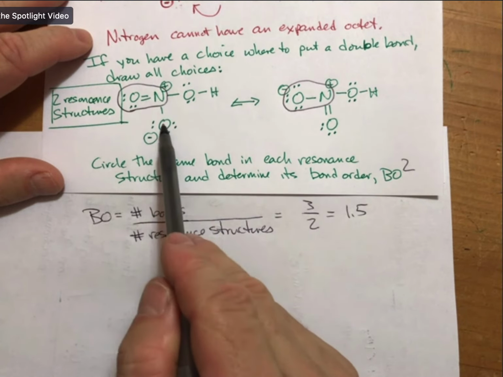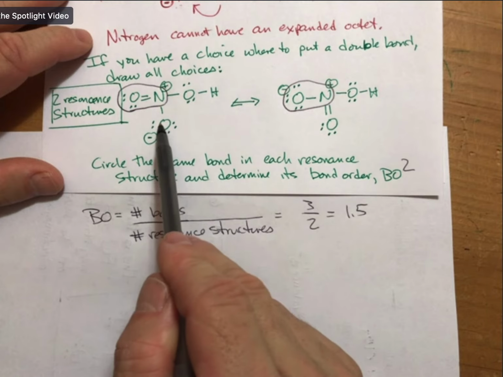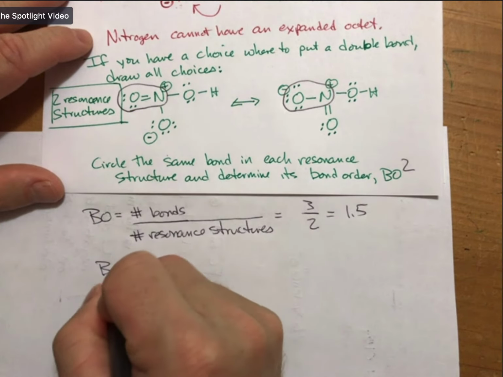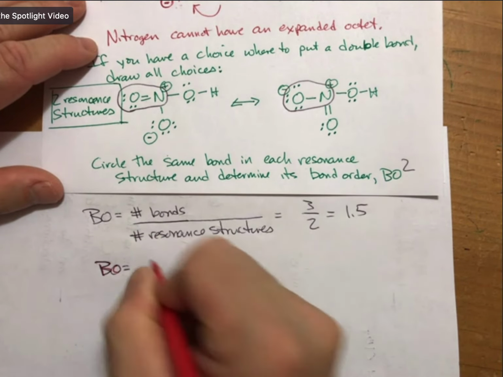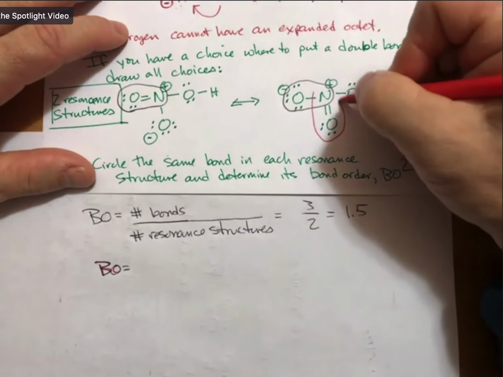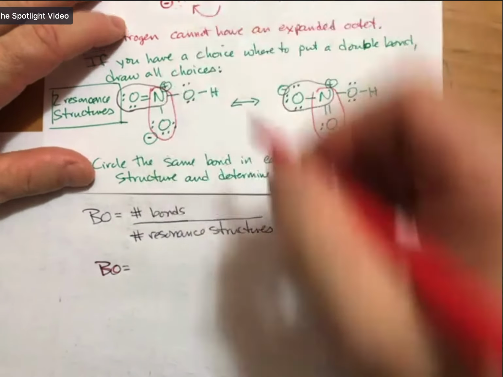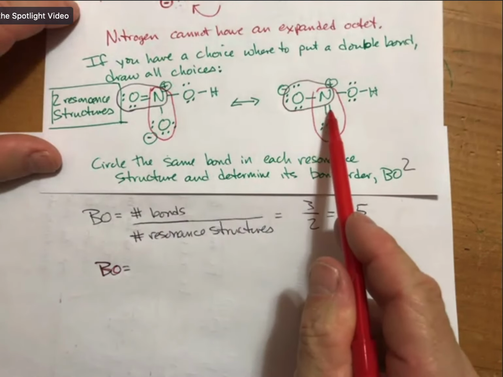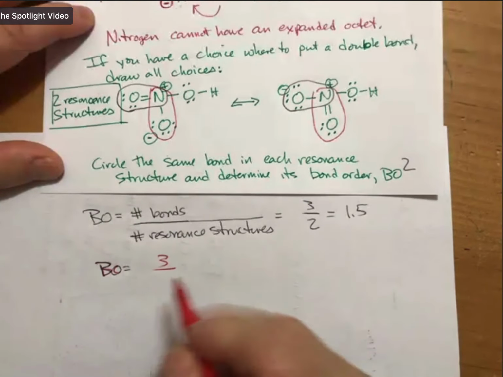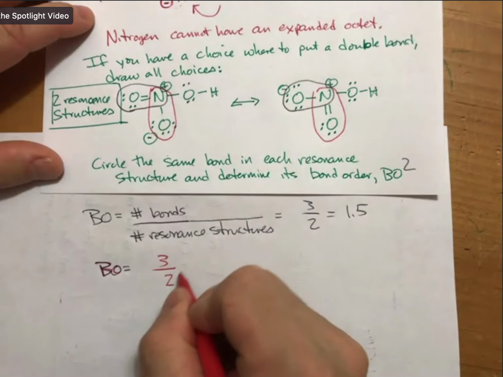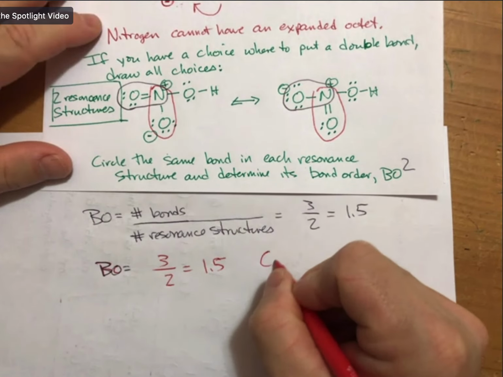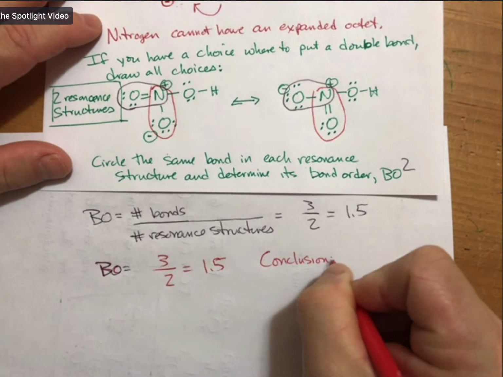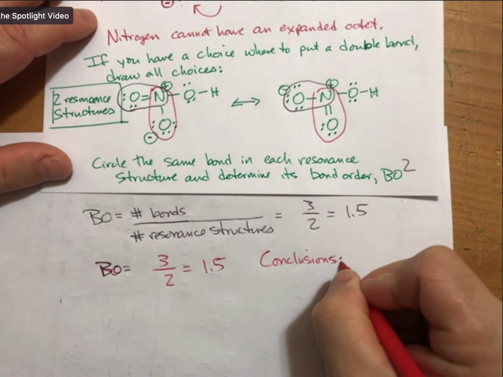If I do the same thing here, I get bond order, and I'll do this one in red. I get 1, 2, 3 bonds. I get 2 resonance structures. Bond order is also 1.5. And so the conclusions, we have 2 conclusions.